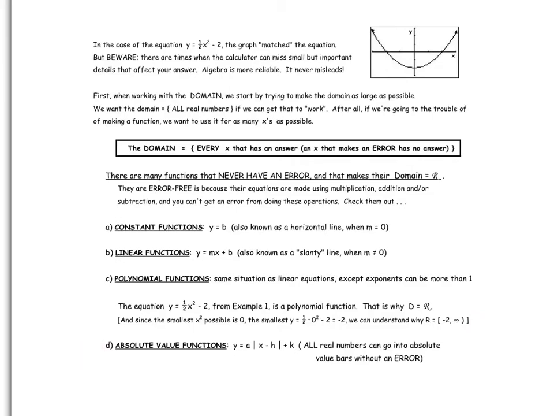Absolute value functions are another example of functions that never have an error. You can put any number you want inside the absolute value bars, and when it comes out of the absolute value bars, it makes a perfectly nice answer, just not negative. You can multiply them by a number, you can add on a number. You'll never get an error.